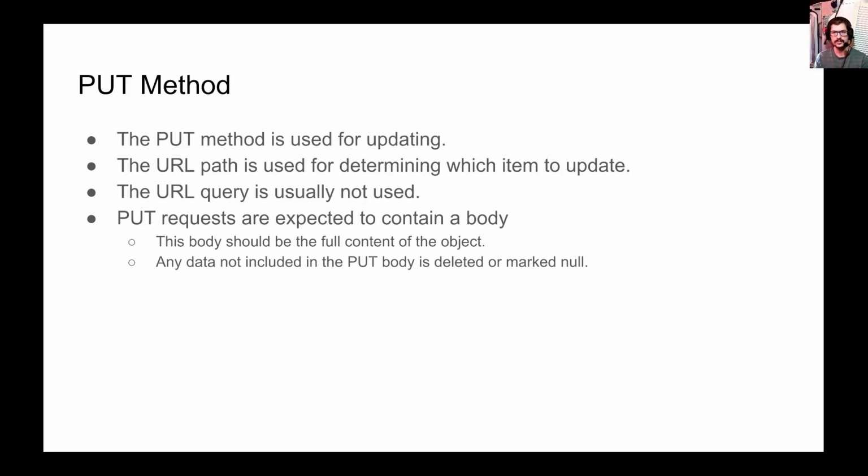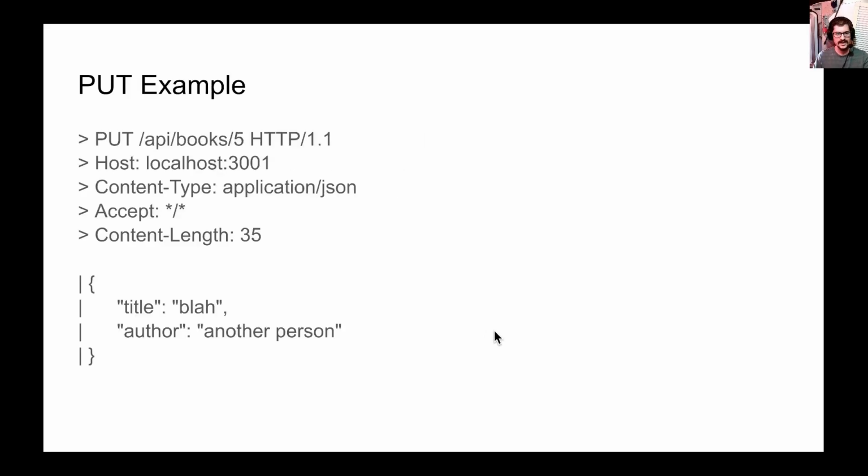That's an important thing. When you get a put request, you're basically saying take what you have in the database and replace it verbatim with what I'm giving you right now. And as you might imagine, that has some drawbacks. Again, this is the RESTful standard for a put request. This is an example of the put request. Similar to the delete request, it has a specific ID or identifier usually to indicate which item to update.